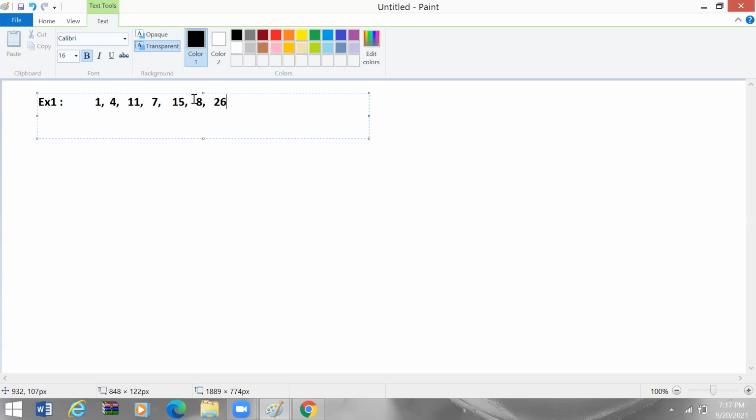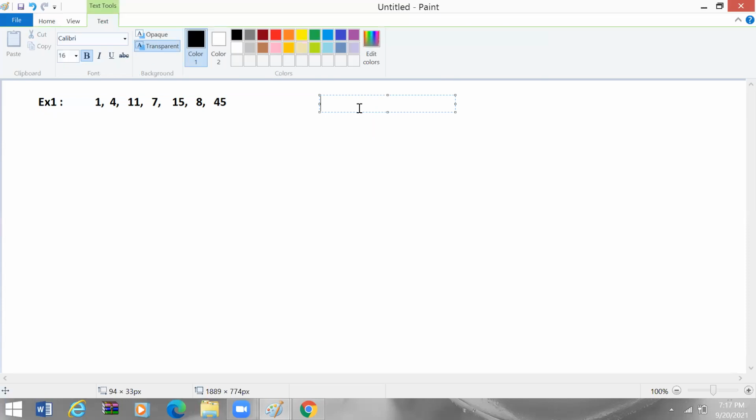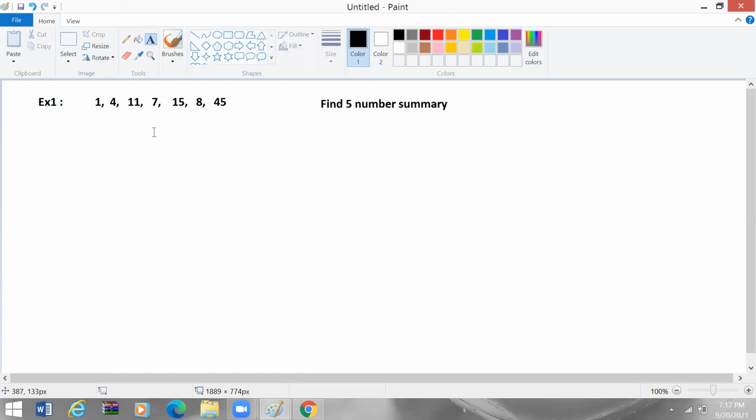Or maybe not 26, maybe 45, it doesn't matter. Now, if the question asks us to look for the five-number summary, what is the first step we have to do? We need to arrange the data set in order. The first thing we have to do is make sure that they are in order.